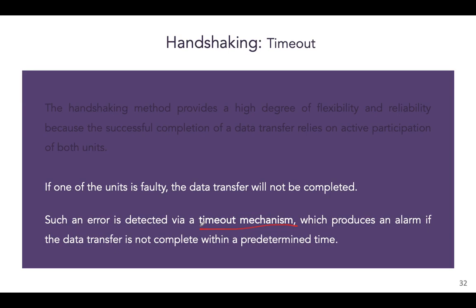So there has to be a timeout mechanism in place. If the data transfer is not complete within the allocated time period, then there should be a mechanism to stop this entire process and start again, right? So an alarm is produced if the data transfer is not complete within a predetermined time. Otherwise, the units will be waiting indefinitely.